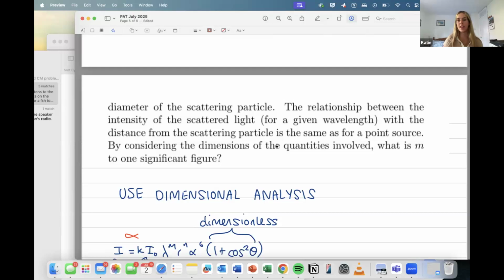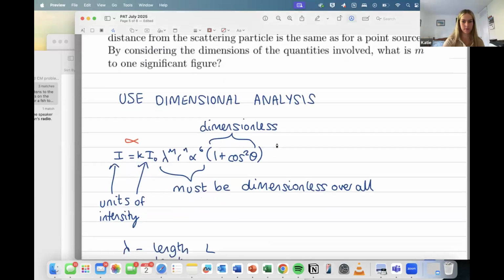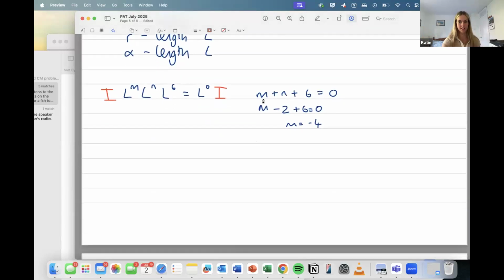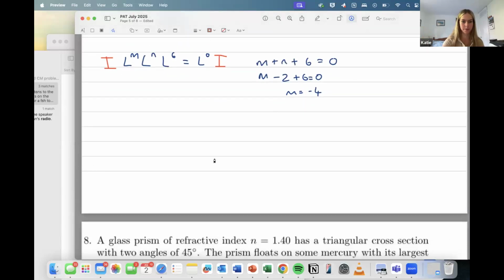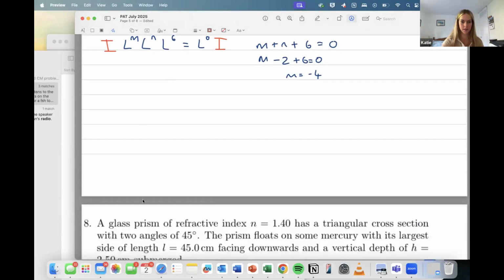So we're given that we can use n from above. So that's how we get that jump in that step. So the units for intensity would be something like an energy per meter squared, but we don't need to know that for this question. So it would be like watts per meter squared or something like that.